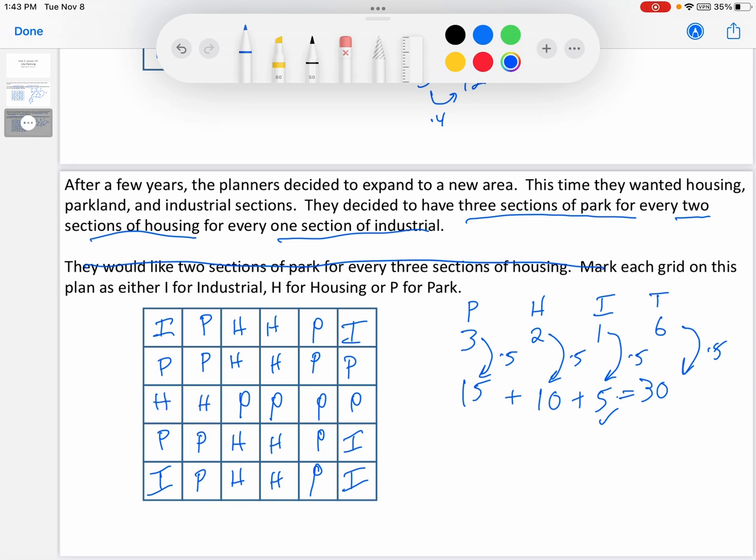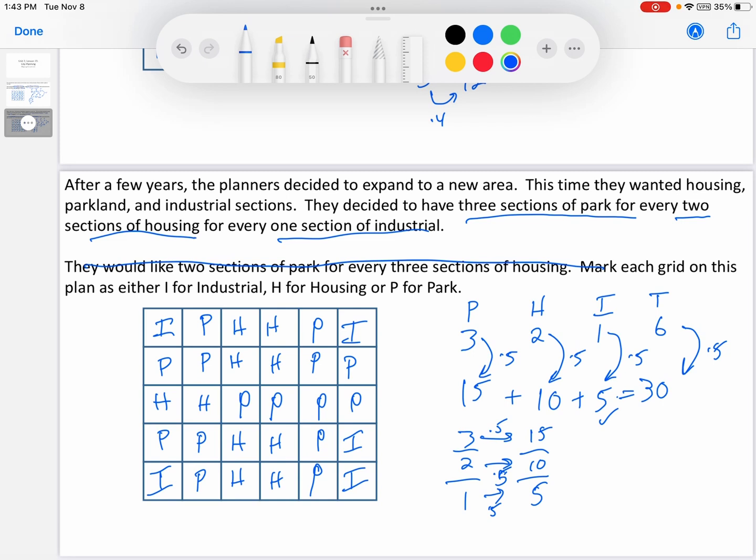We've used up all the spaces. Now, does this satisfy? Is it 3 park for every 2 housing for every 1 industrial? 3 to 2 to 1, and this is 15 to 10 to 5. Well, this is times 5, this is times 5, and this is times 5, so it satisfies what we wanted.